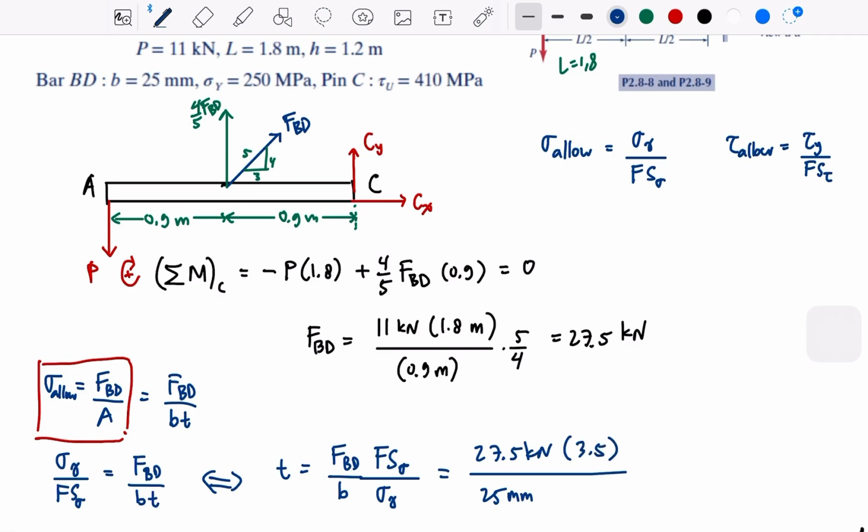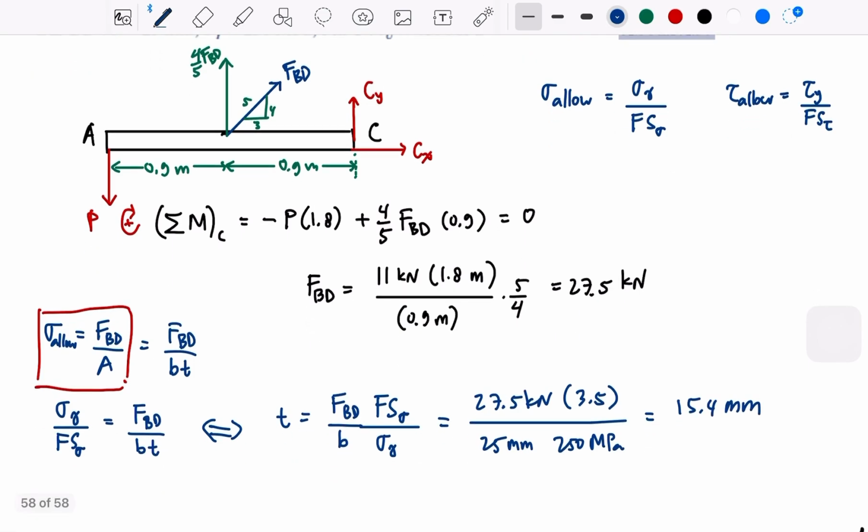And the sigma yield is 250 megapascal. So this is 15.4 millimeter. Okay, that's the required thickness for BD.